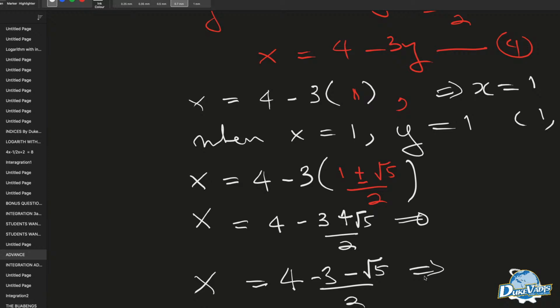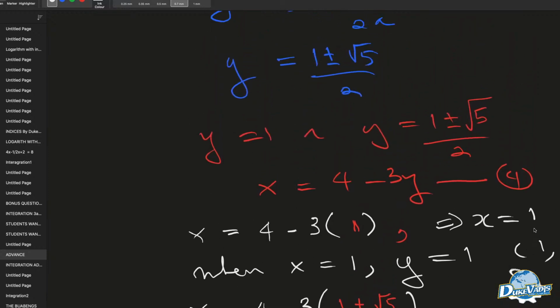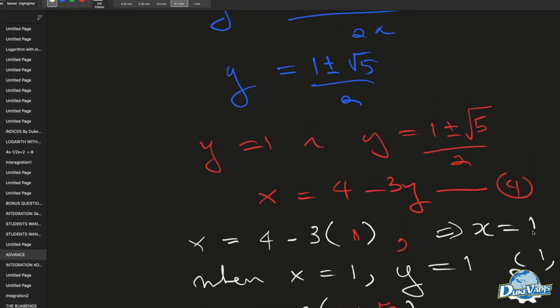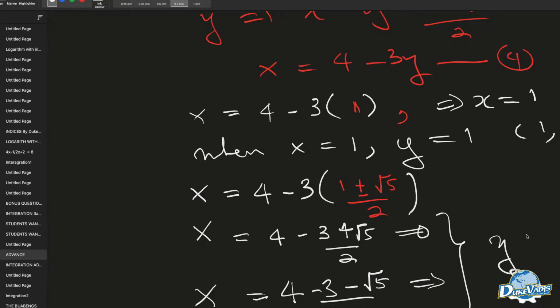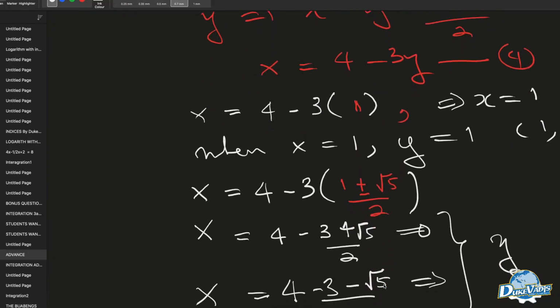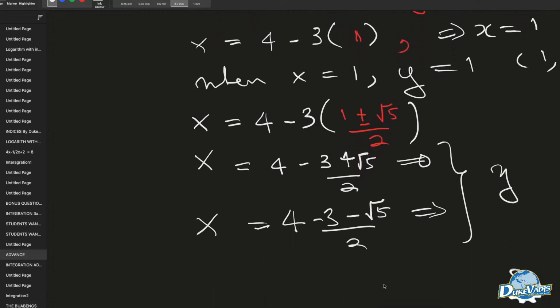So when x is equal to these values, our y, as we saw earlier, as we know the values of y to be this, we can compute gradually to be able to find the values of x.